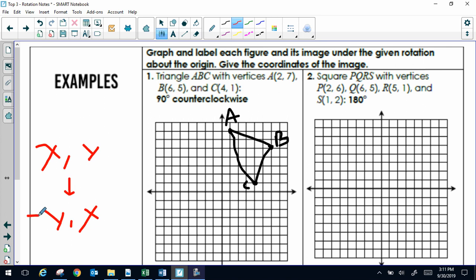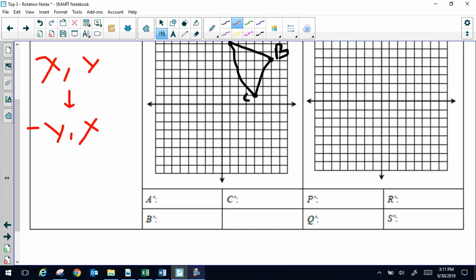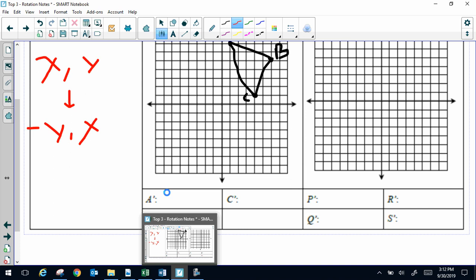So that means if A is at 2, 7, if I flip them, it would be at 7, 2, and then change the sign of the y, it would be at negative 7, 2 would be A prime. So negative 7, comma 2. Should be right here.